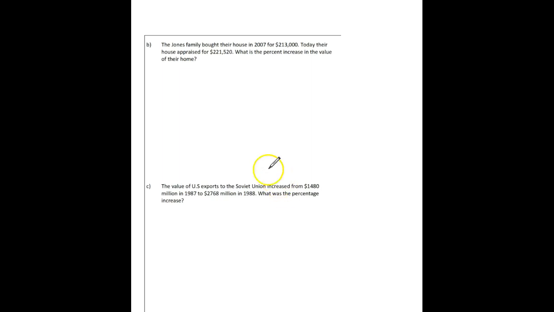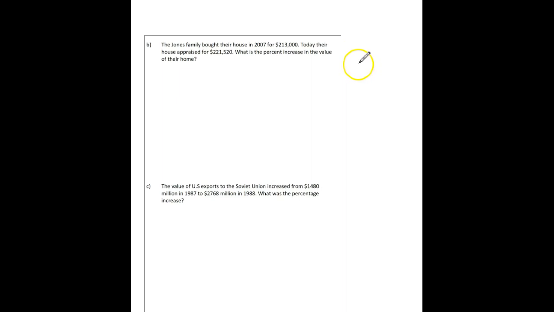Okay, how about this one? The Jones family bought their house in 2007 for $213,000. Today their house appraised for $221,520. What is the percent increase in the value of their home? Well, the first question is, how much did it go up by?